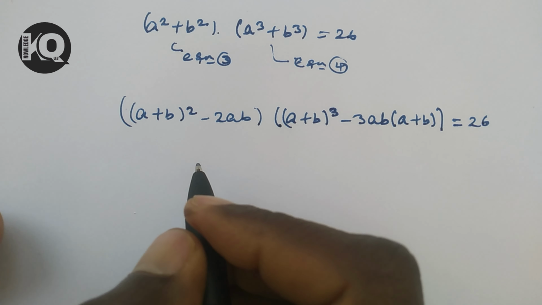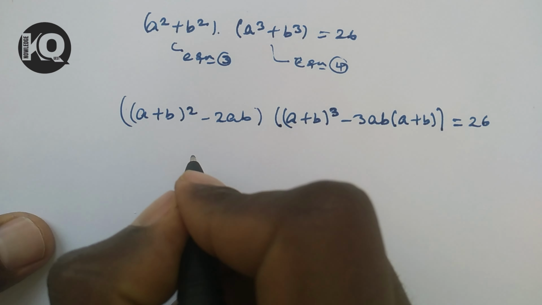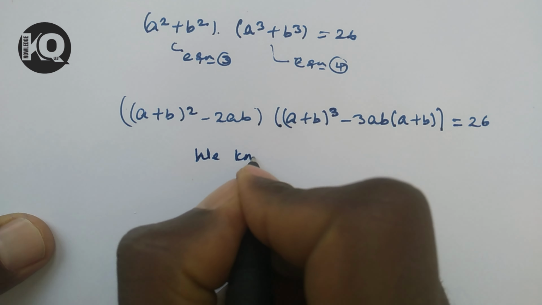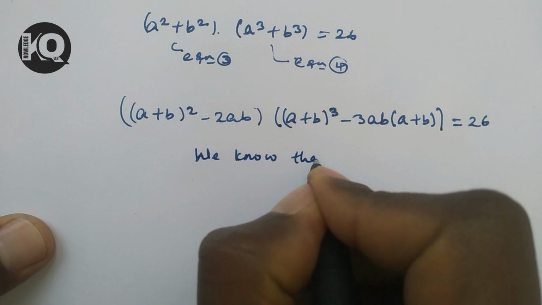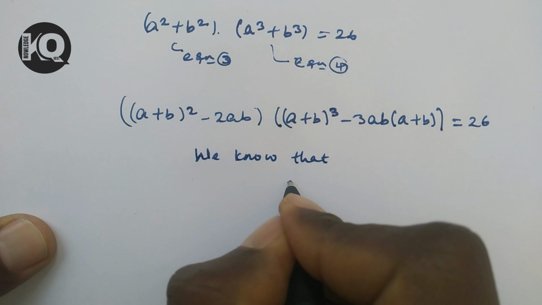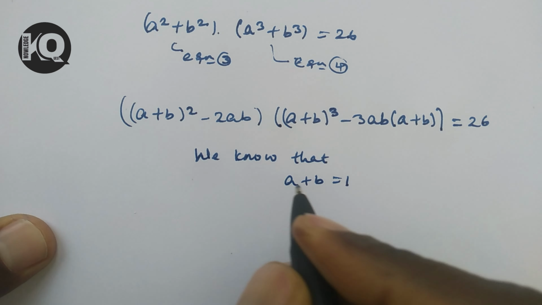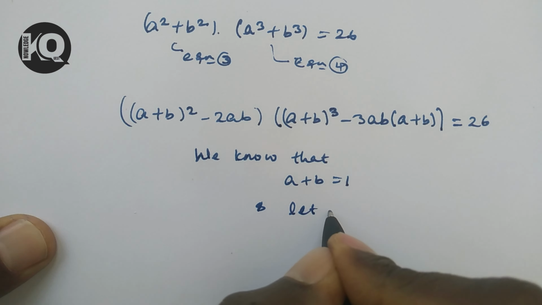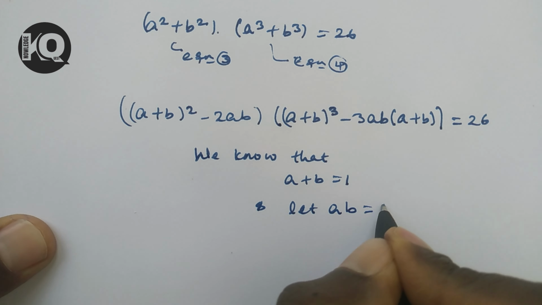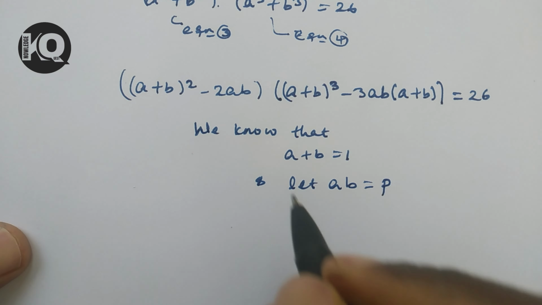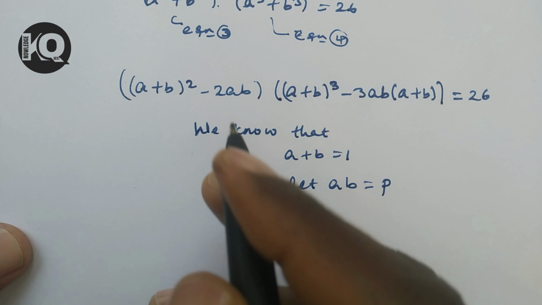Now we know from equation 1 that a plus b is equal to 1, and let ab be equal to p. Let's substitute this into the equation.